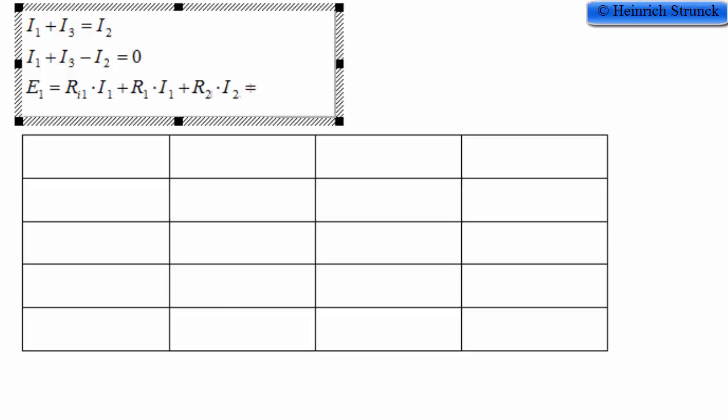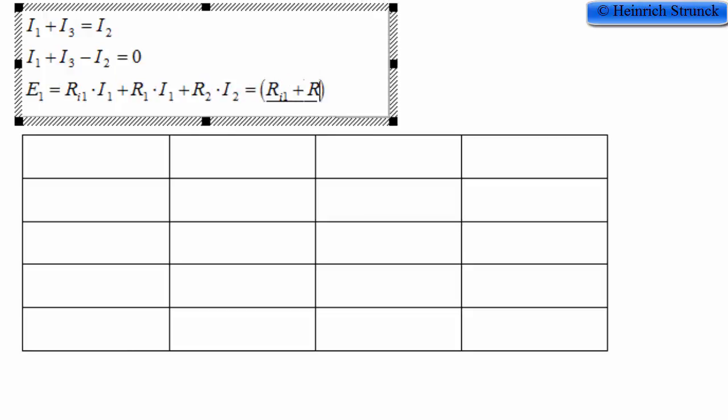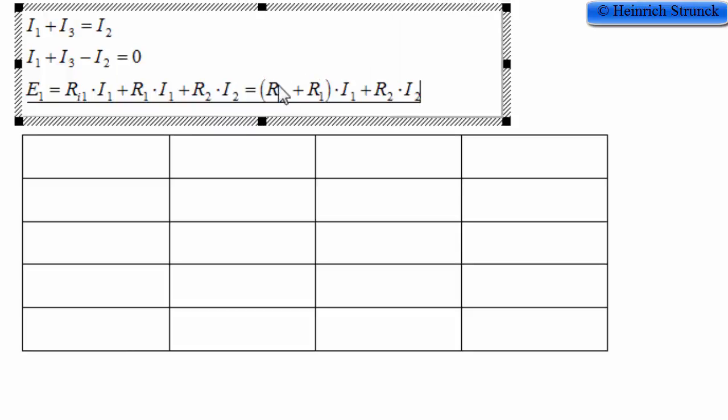So it must be equal to RI1 plus R1 multiplied by I1. So R1 and I1, put into a bracket, so we make this part simpler. And then plus R2 times I2.